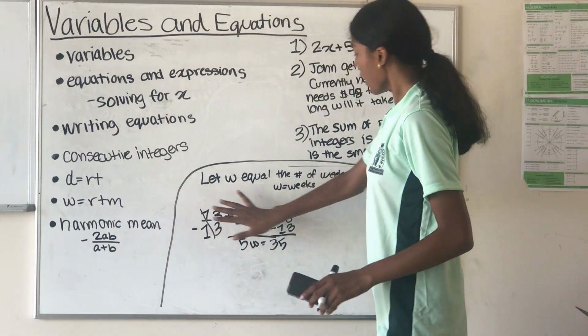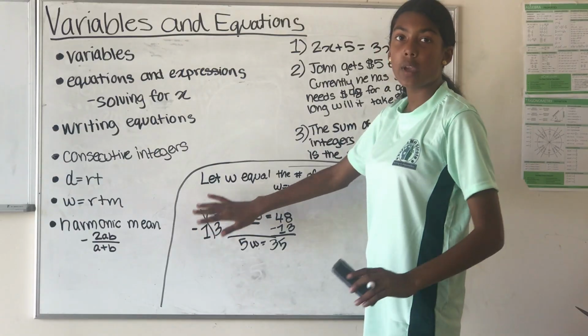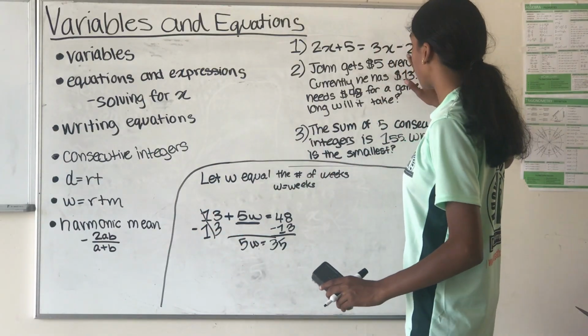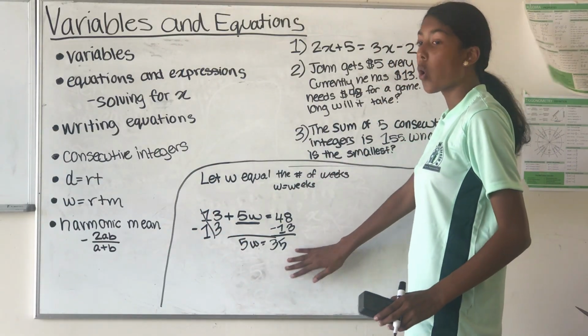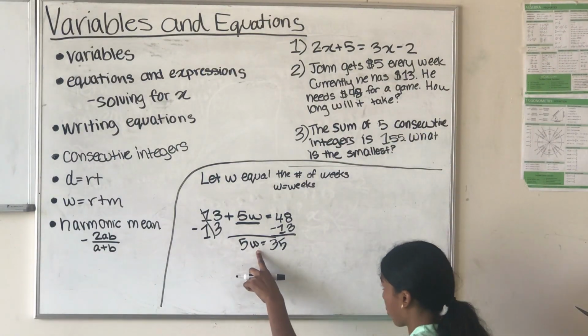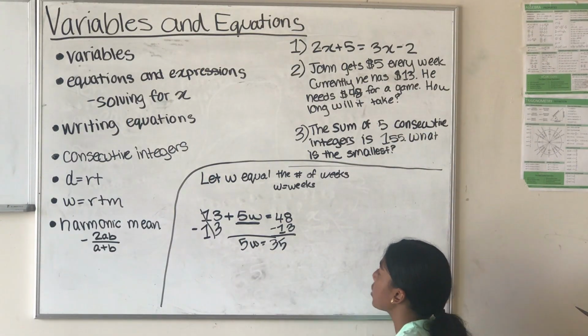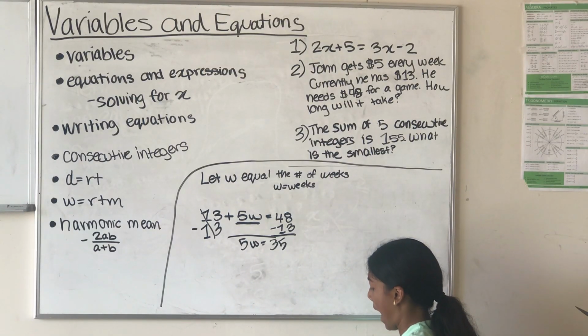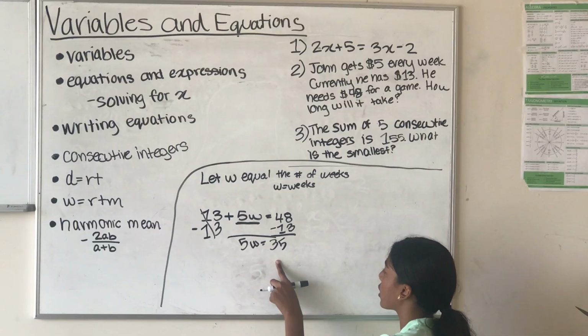So he needs $35. After we have the $13 that he starts off with, he needs $35 more dollars. And since he earns $5 every week, we need to see how many weeks will need to happen for him to get $35.